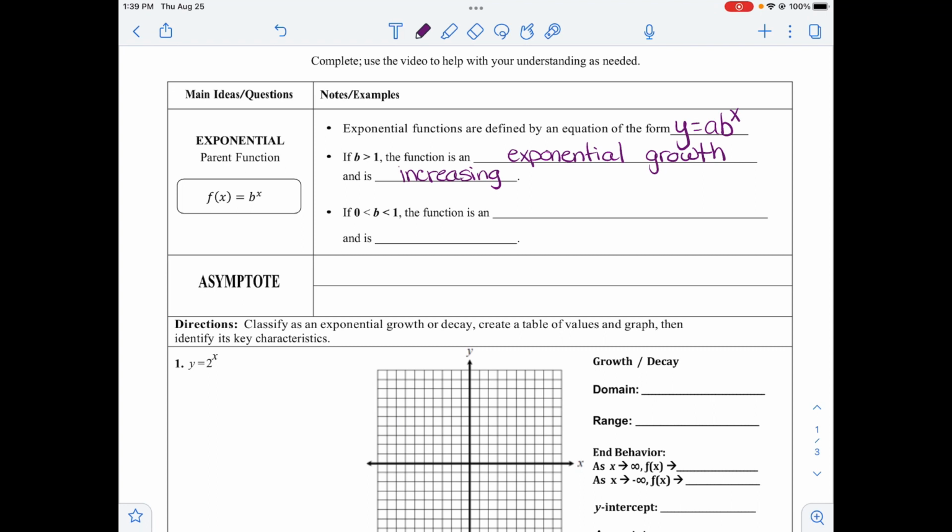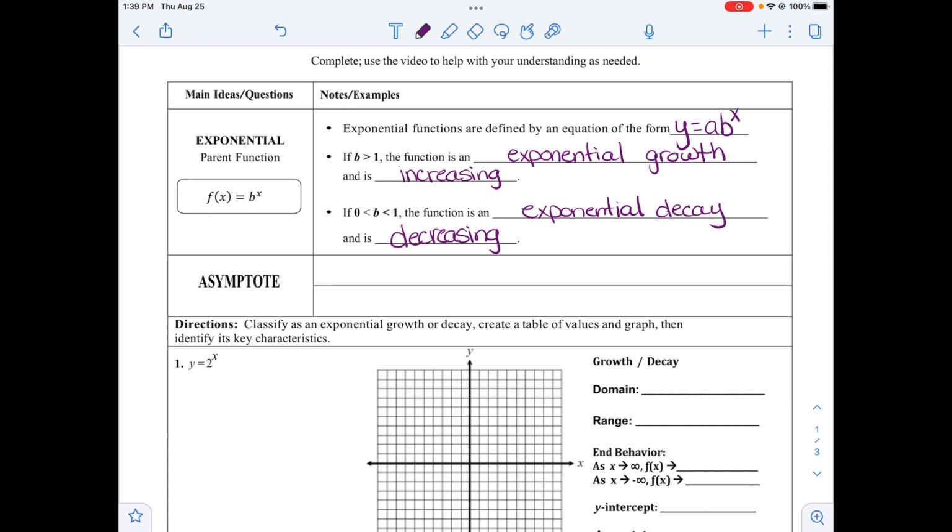If b is greater than 0 but less than 1, it is exponential decay. And that is telling us that something is decreasing. So that example might be if we were trying to kill cancer cells and someone was taking chemo, we would want it to decrease rapidly.